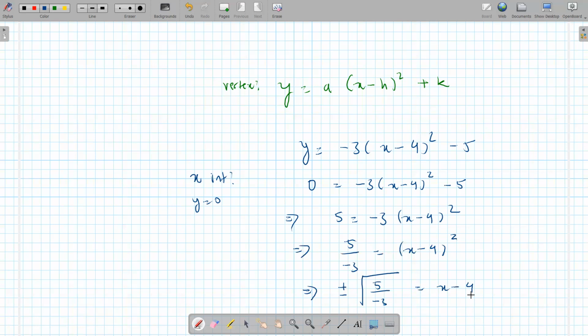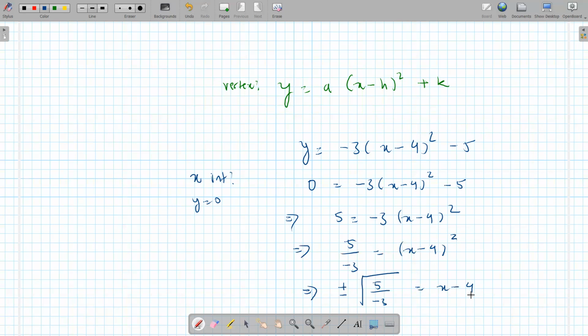Can you take a square root of 5 over -3, which will be like -1.66? Can we square root a negative number? You can't, right?